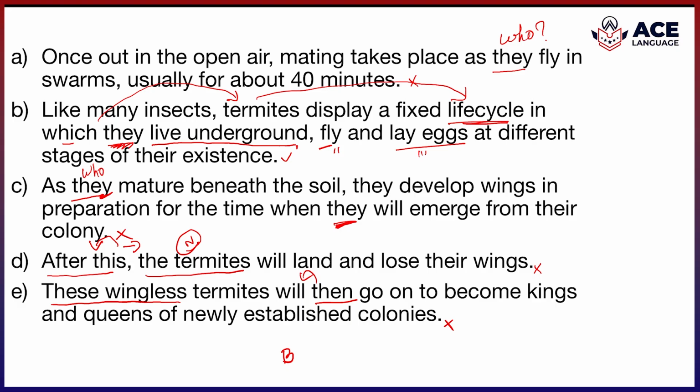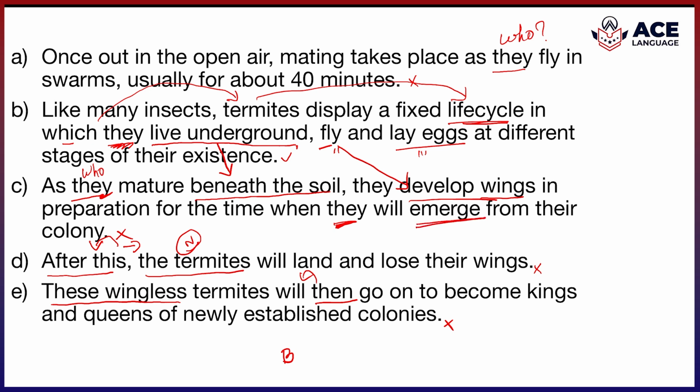Right, so let's see where can we get this kind of wording. If I look at number C, as they mature beneath the soil, what does beneath the soil mean? Living underground, right? They develop wings. Why do they develop wings? Because of course they want to fly, right? In preparation for the time when they will emerge.